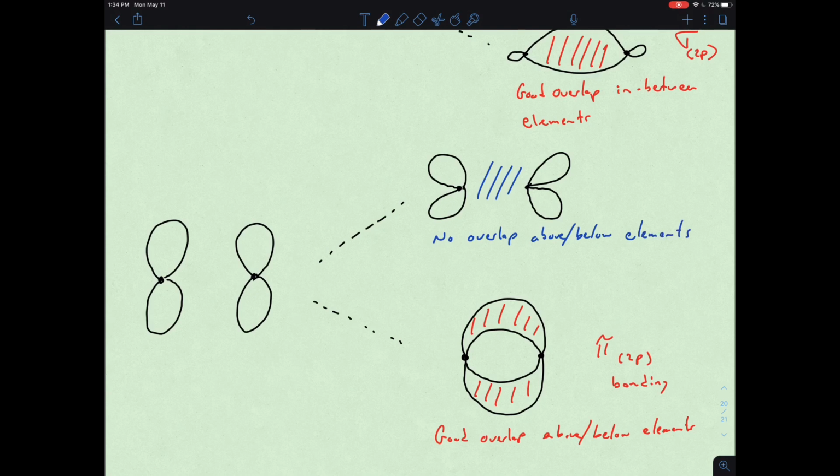And so that would be our pi star. Just like we have sigma and sigma star with the first connection, remember? Now with the pi connection, we also have pi and pi star.